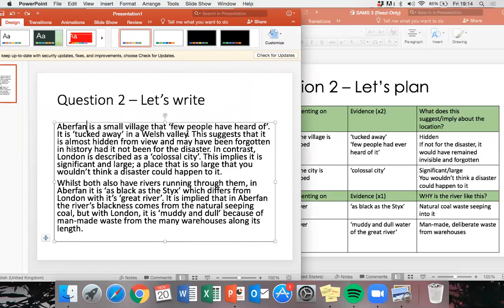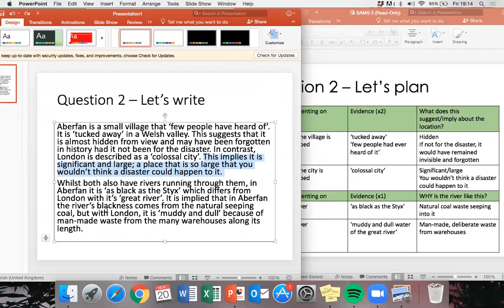In this first sentence here, we have our statement and our quotation. We then go into the second sentence. We have our inference. Those are both based on source A. We then have in contrast, and we have our statement and quotation for source B. We then have our inference for source B in this last sentence of this paragraph.